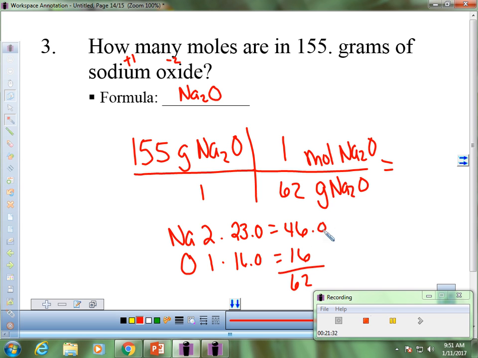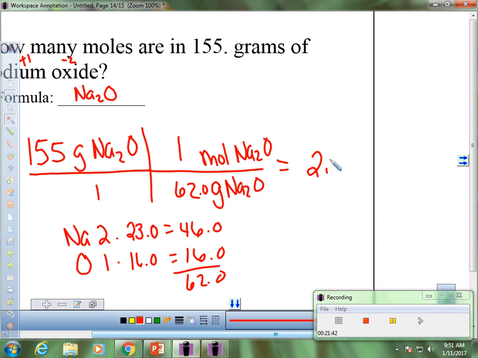You don't have to write the point zeros. And then I'm going to take 155 divided by 62, and you will find the answer is 2.50. We're putting the 0 because this has 3 numbers. Mole of sodium oxide.